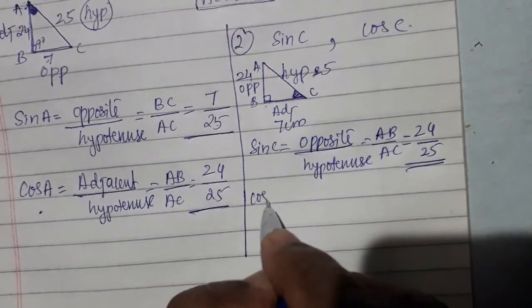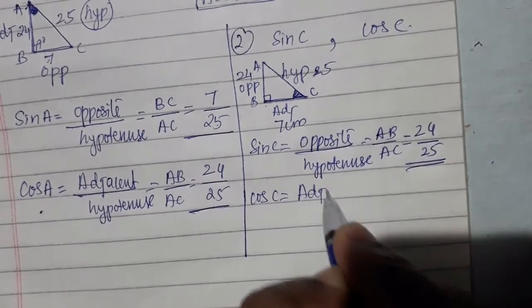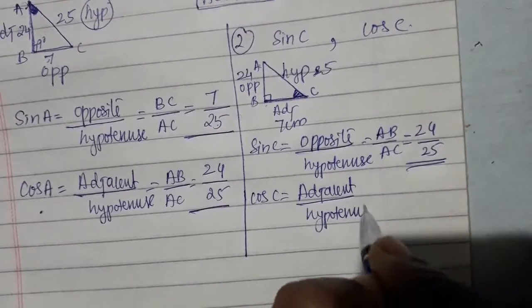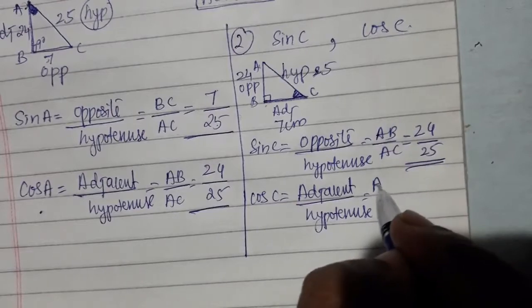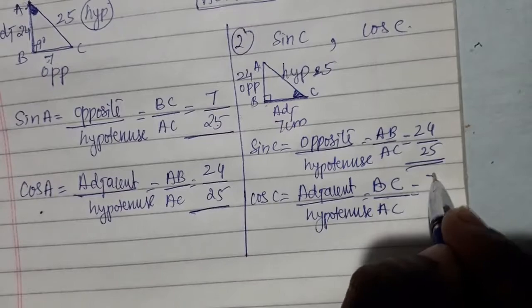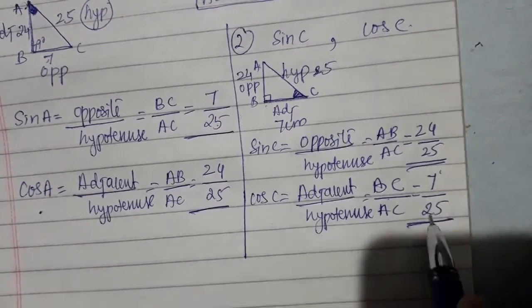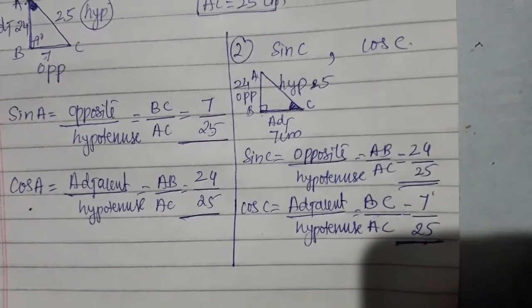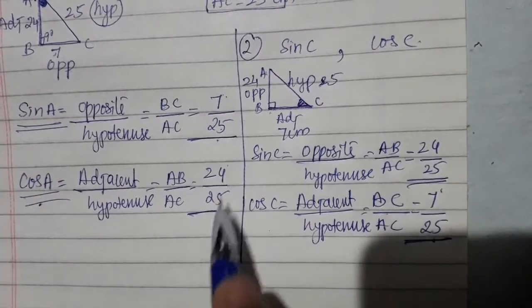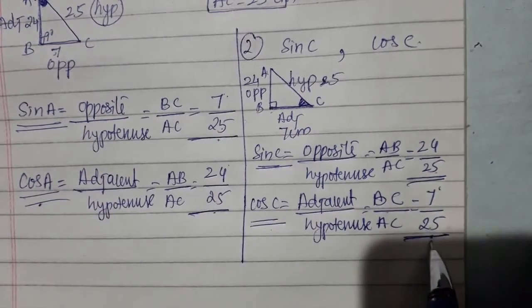Next we will see cos C. Adjacent side is BC, hypotenuse is AC. BC is 7 centimeters, AC is 25 centimeters. So cos C is 7 by 25. So using the trigonometric ratios, we found sin A 7 by 25, cos A 24 by 25, sin C 24 by 25, cos C 7 by 25.